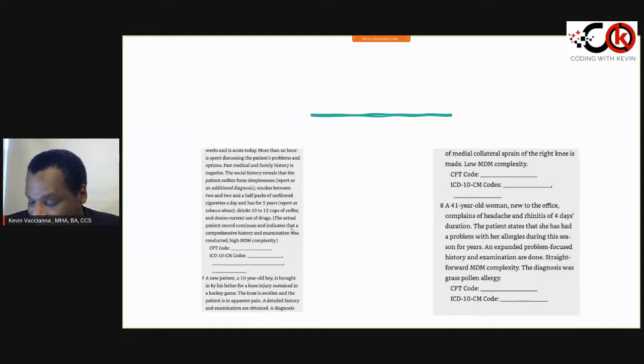But in some cases, rare, but some cases, you may have to code the symptom codes. Here's why. You have situations where other things might be performed on the patient. For example, what if they did a CT scan of the head? You need a diagnosis code to back that up, right?